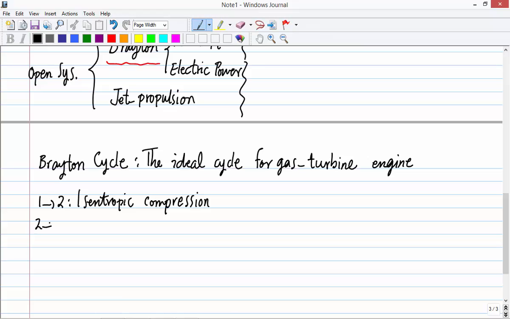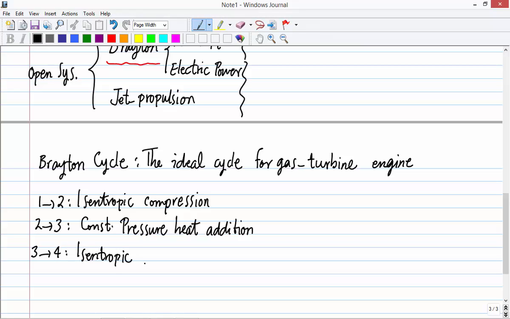The next process, right after this one, would be 2 to 3, state 2 to state 3, which is a constant pressure heat addition, and it happens inside a heat exchanger. While we are adding the heat to the system, pressure remains constant. And then state 3 to state 4, which is again an isentropic expansion.